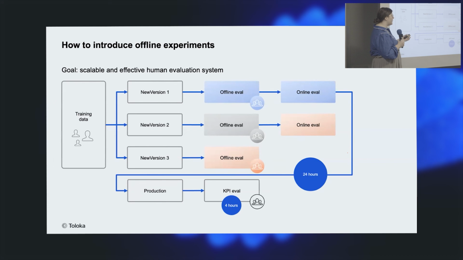Then out of 10, for example, different models with different hyperparameters, you can choose very fast and very cheaply. You can choose, for example, 2 candidates that go later to online evaluation. And after this, of course, there is A/B testing and all this difficult stuff.